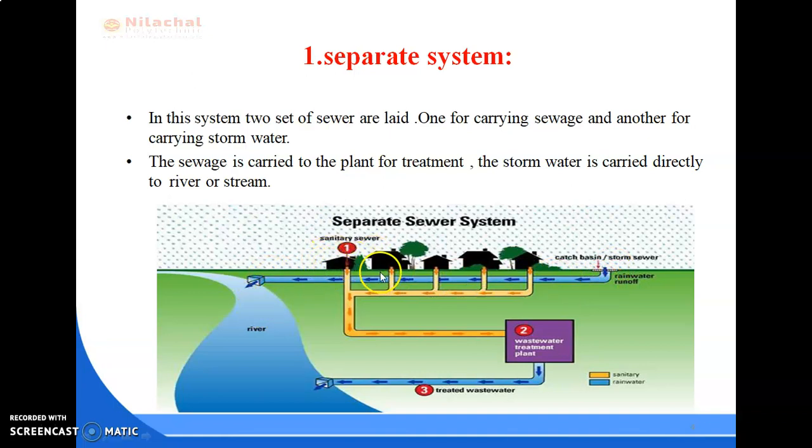And these are the sanitary sewers which are collected through different conduits, and then they are combinedly disposed to this wastewater treatment plant. After treatment, they are again disposed to this river or sea or lake. So, this is the total separate system.